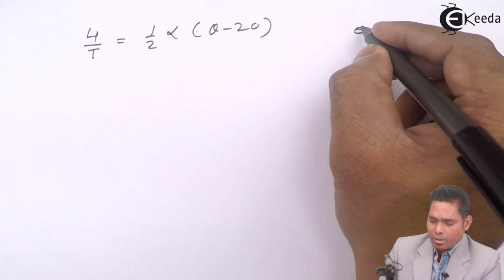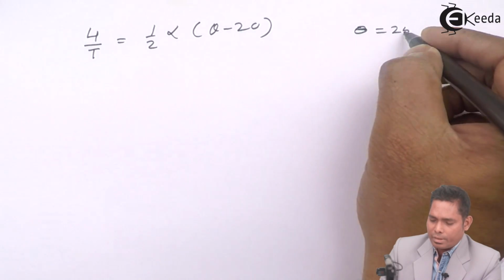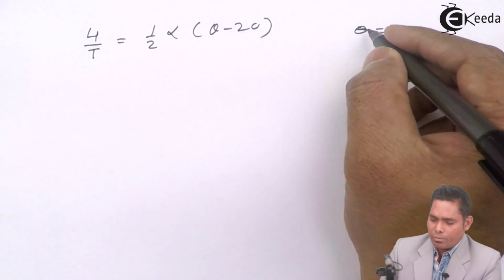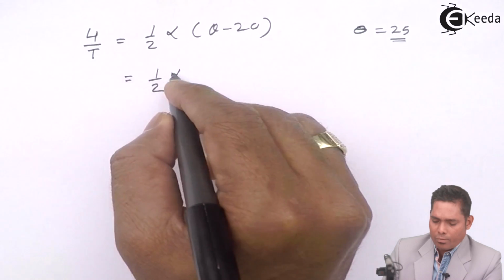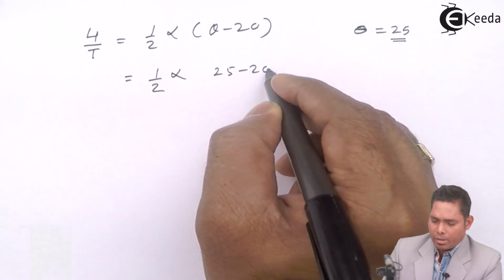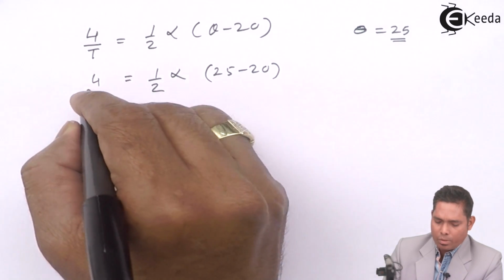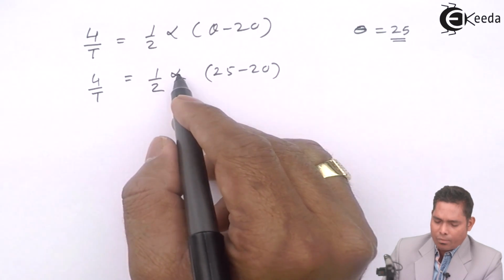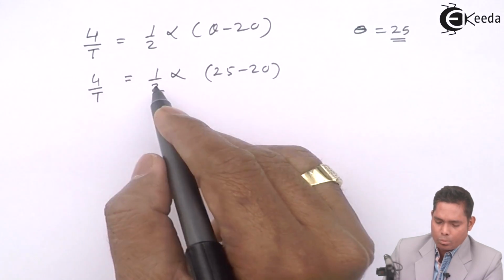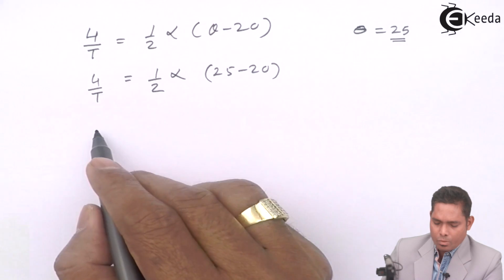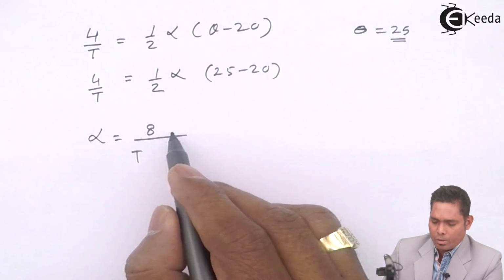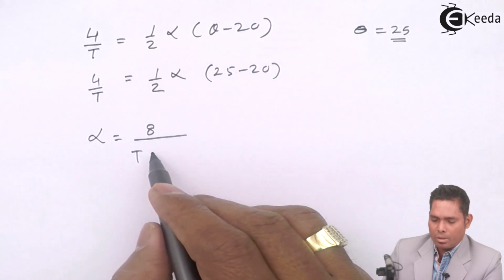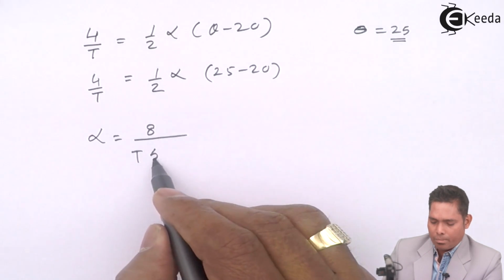Already I've got theta as 25 degrees centigrade, so I'll put theta as 25 over here. Then this will become half alpha into 25 minus 20, and this is 4 divided by t. Now what is alpha? This 8 will come to here, 2 and 4 becomes 8, so alpha becomes 8 divided by t into this 25 minus 20, this is 5.